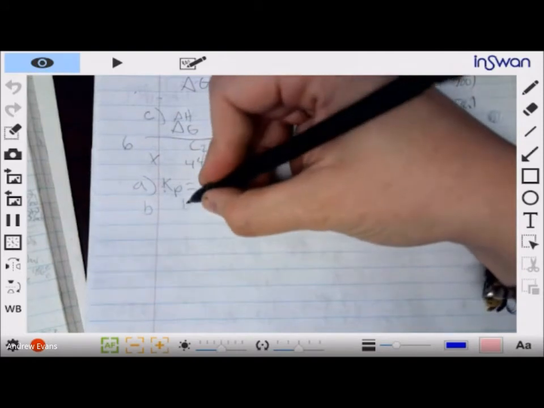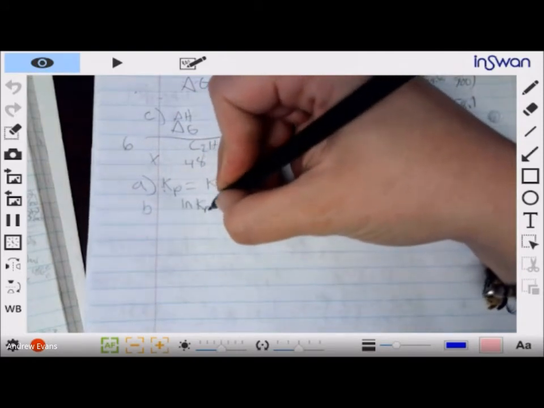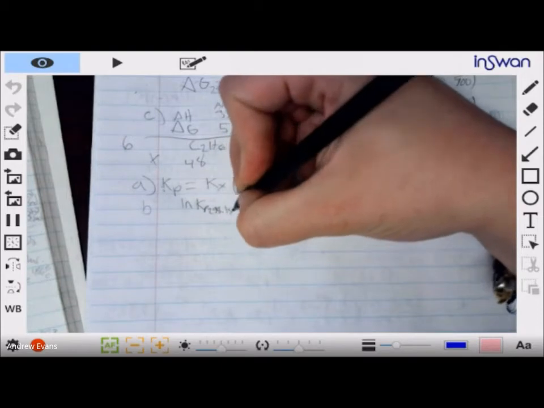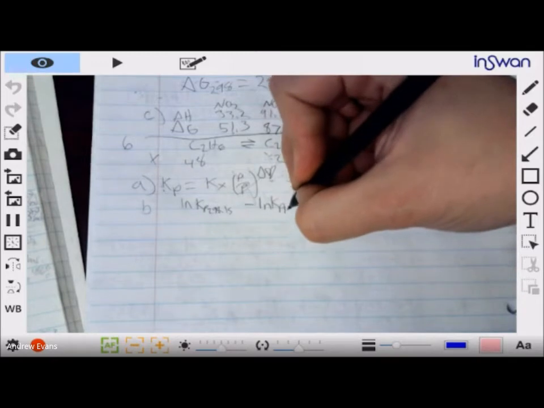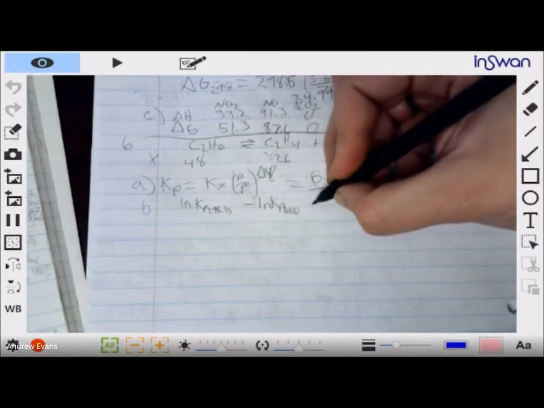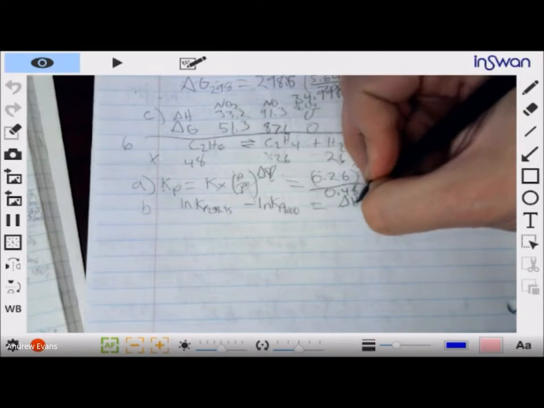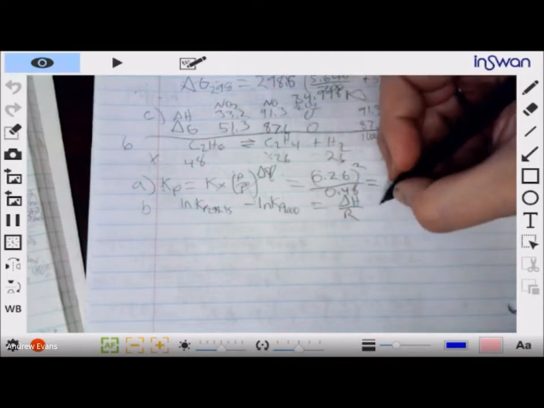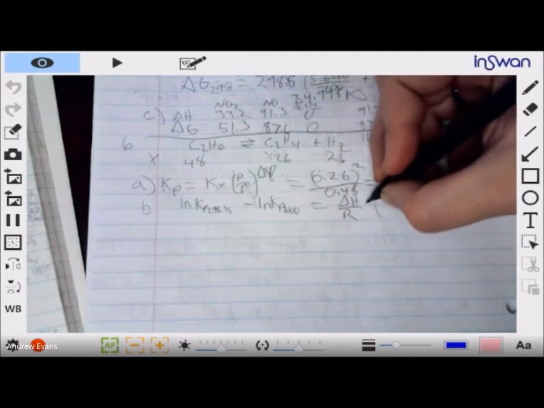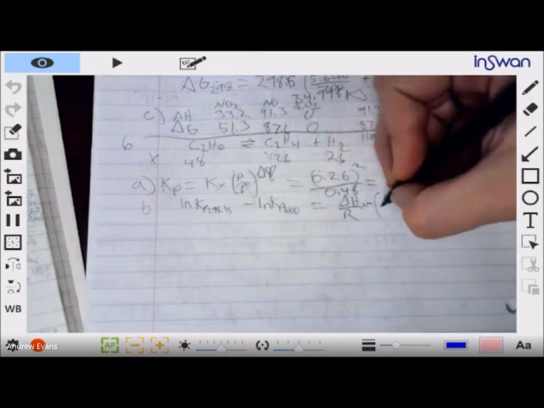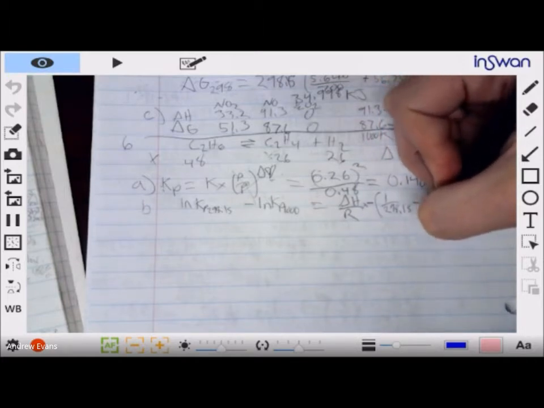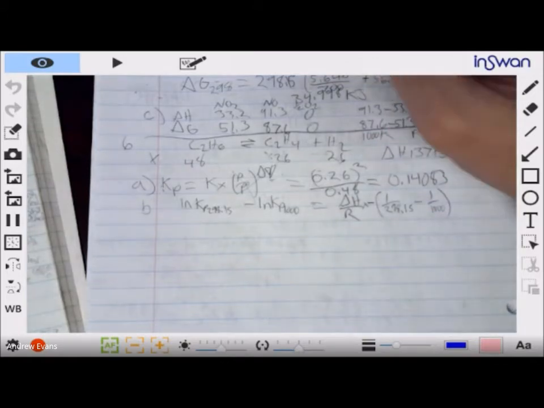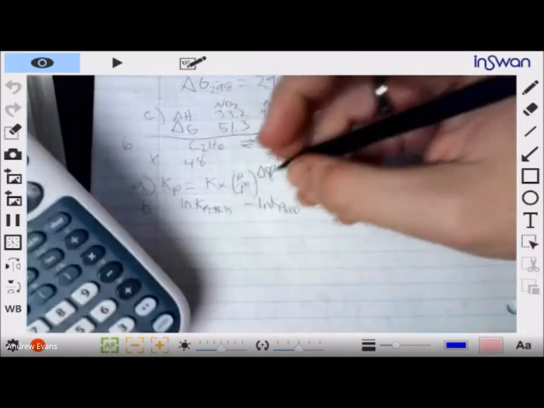So we have ln Kp at 298 minus ln Kp at 1,000 equals delta H over R times negative, 1 over 298.15 minus 1 over 1,000. Key thing is to watch out for the units.